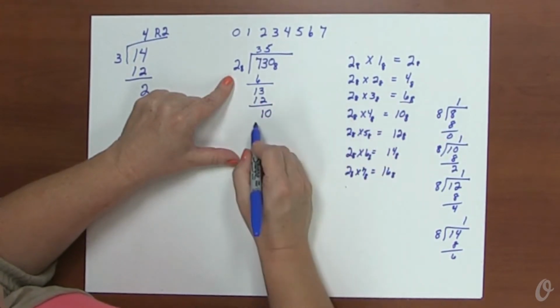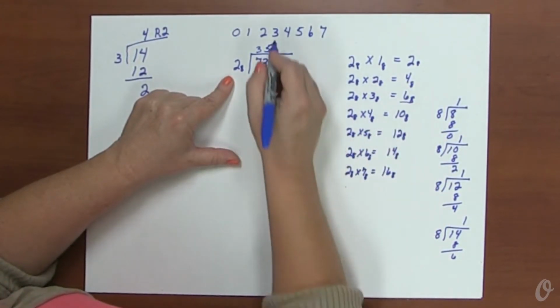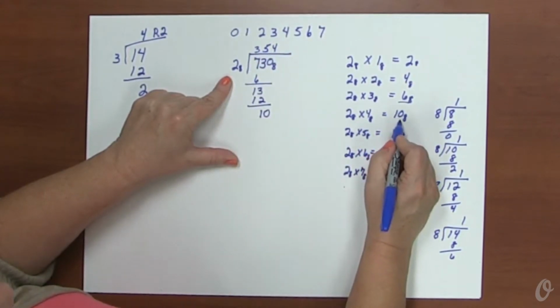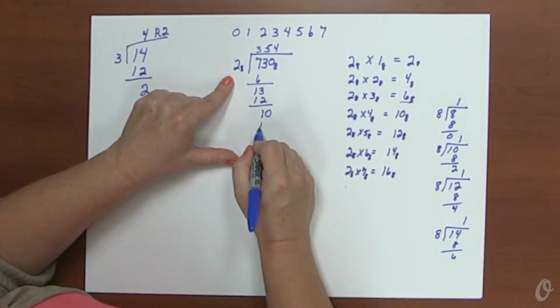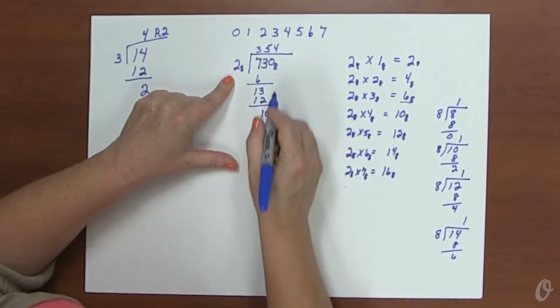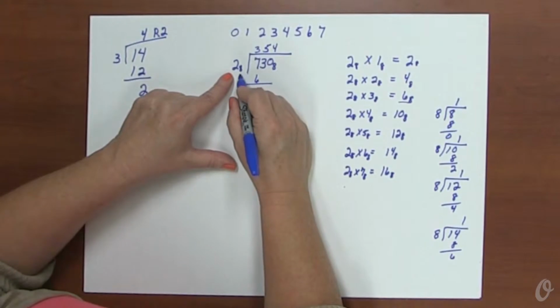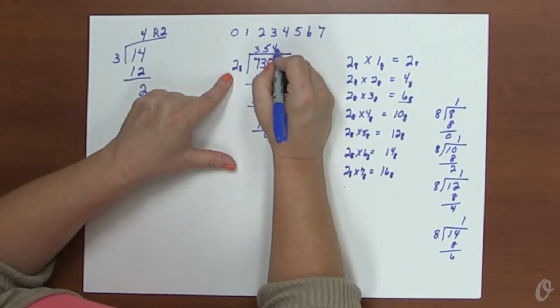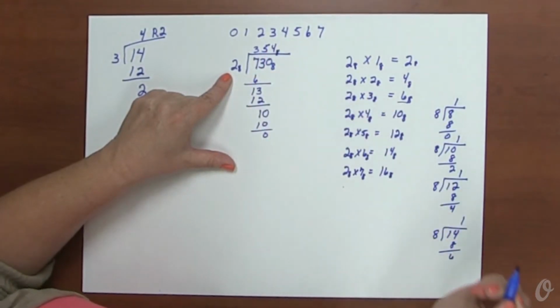Now 2 goes into 10 4 times, so 2 times 4 is 10, which gives me a remainder of 0. So 730 base 8 divided by 2 base 8 gives me 354 base 8.